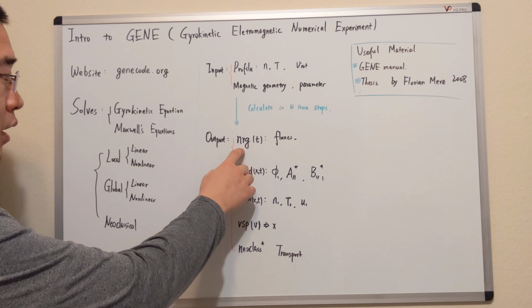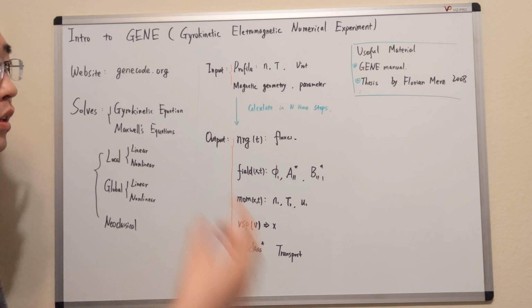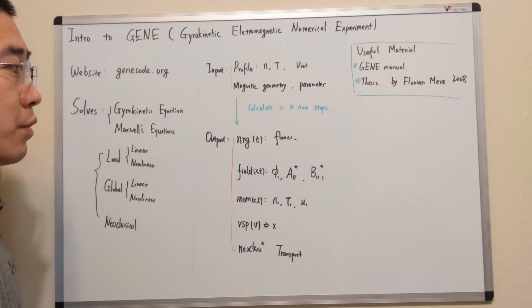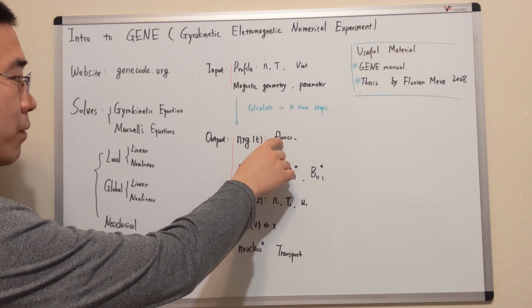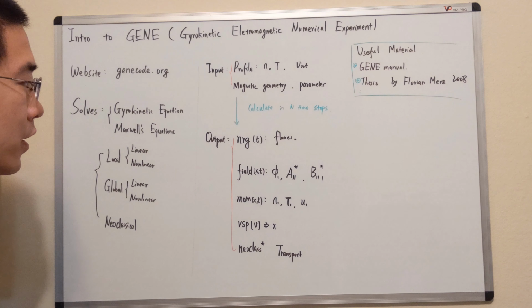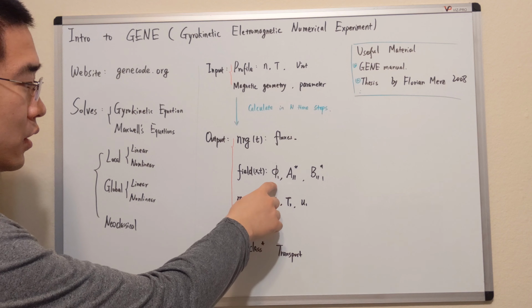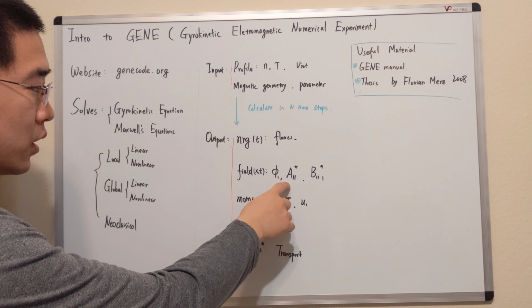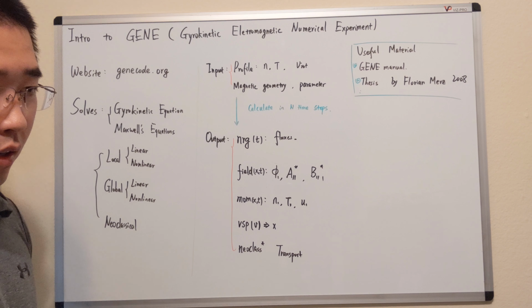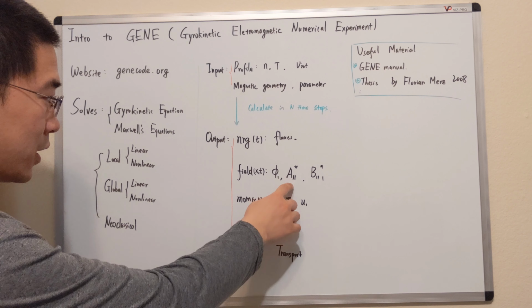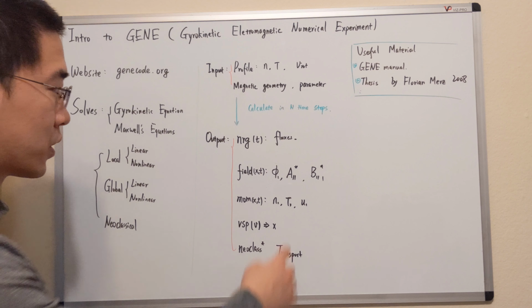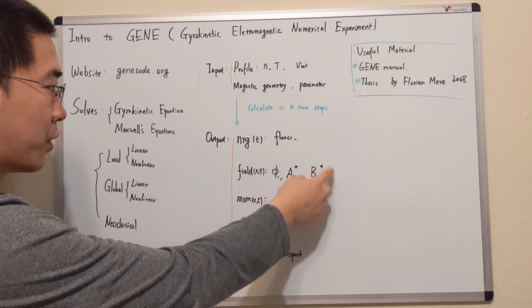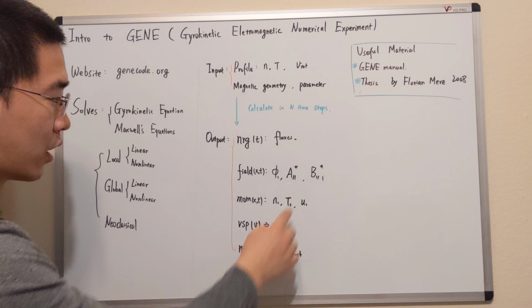The energy file gives you a file in terms of time that has the flux. The field file gives you the electrostatic potential, magnetic vector potential, and B parallel. Those depend on whether you want to simulate them; they will be there or not.